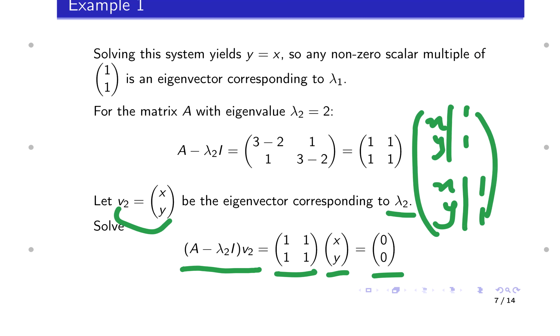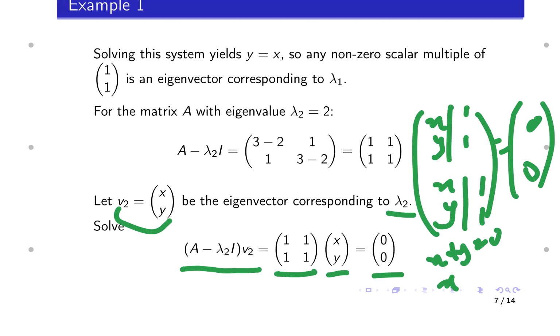And all that is simply x plus y equals 0, x plus y equals 0. Same thing. So here you see that y is equal to minus x in each case. Anyhow you pick it, y is equal to minus x. That's what we're going to see in the next slide.